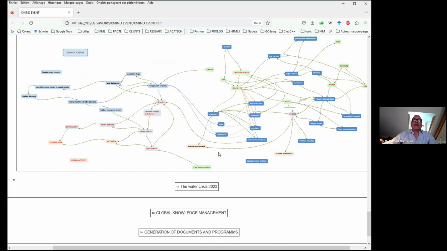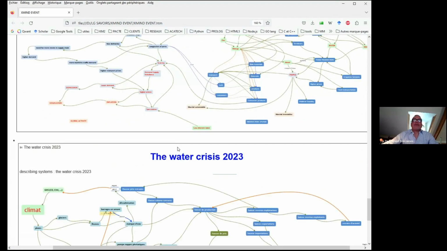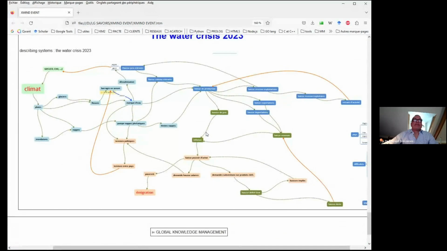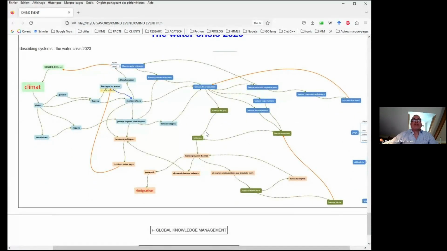And for example, another graph which is used is this one. The water crisis, which is just now, because we know there's climate change here. And in blue, you have all the impacts on water. And of course, less water means less production of food.